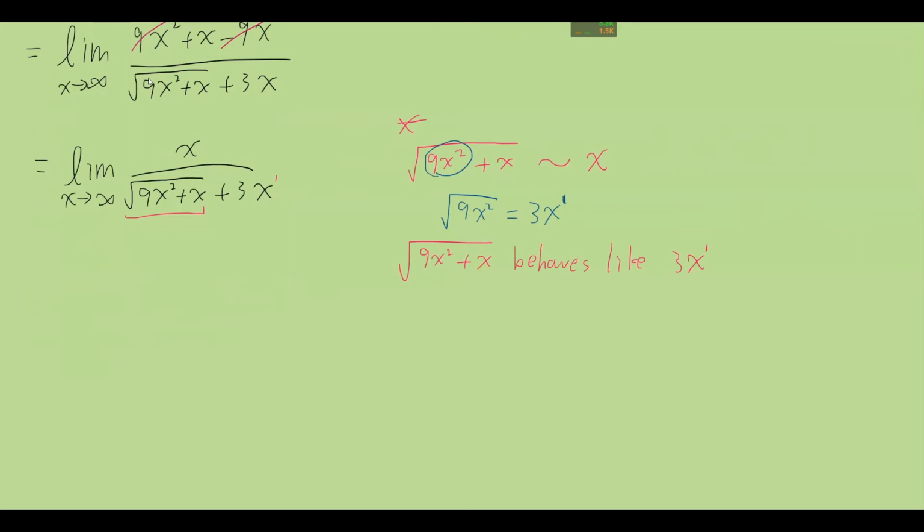Which has a degree 1. So we can consider that the denominator has degree 1 and multiply the numerator and denominator by 1 over x, right? Which is the algebraic way of solving. And we'll take care of all the algebra later.